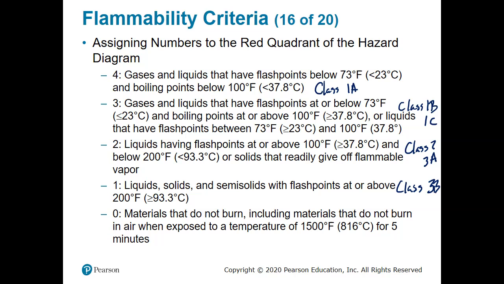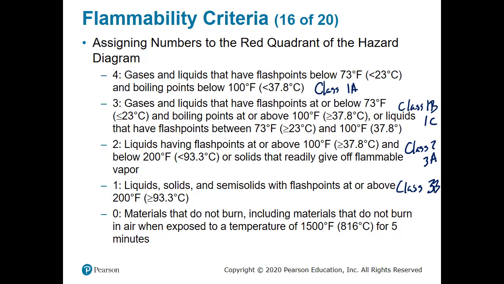And so it gets a category 0 as a result. If it does burn at those conditions in that test, then we move it up 1 line. Because basically the only time we're going to see 1500 Fahrenheit in a normal circumstance is in the event of a fire.